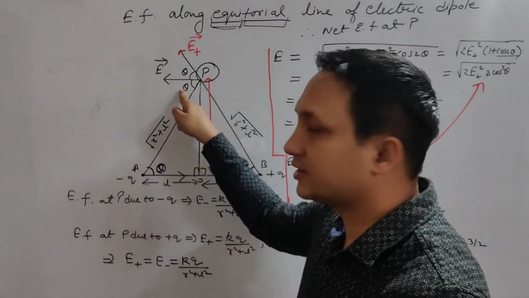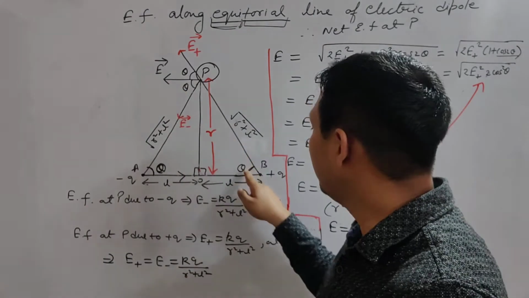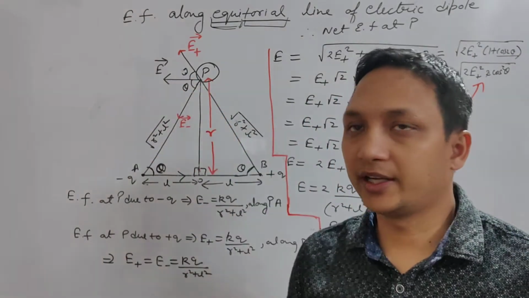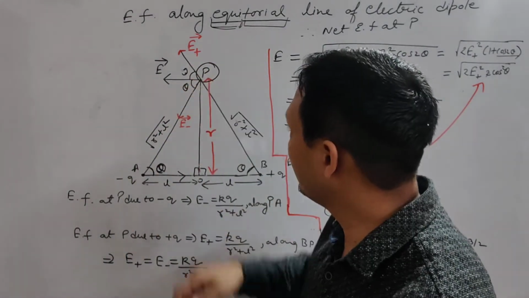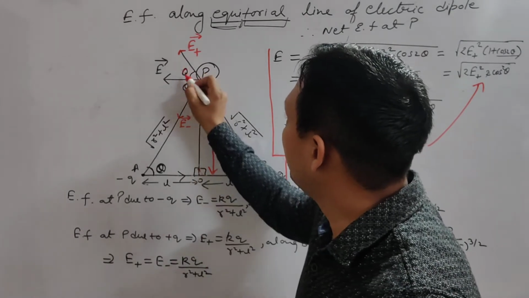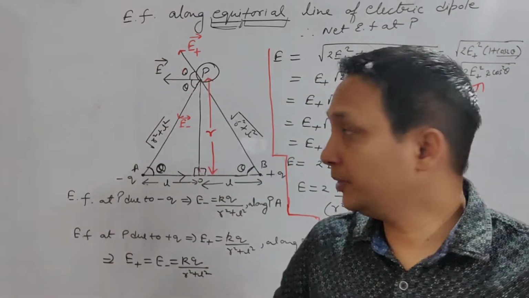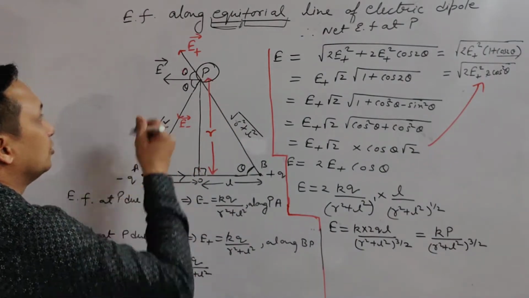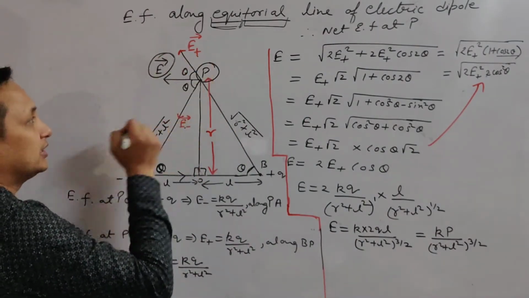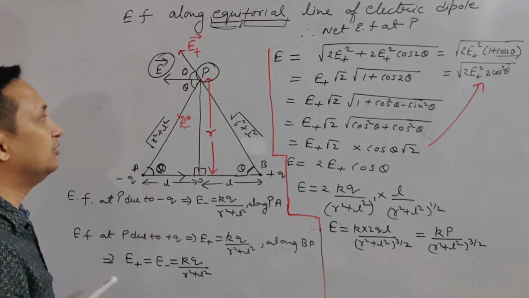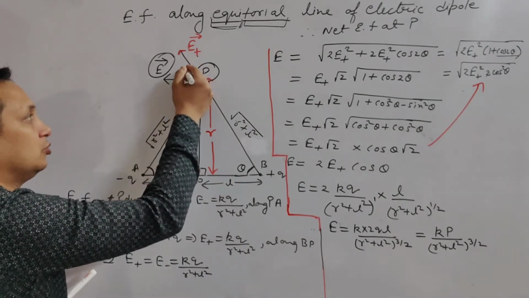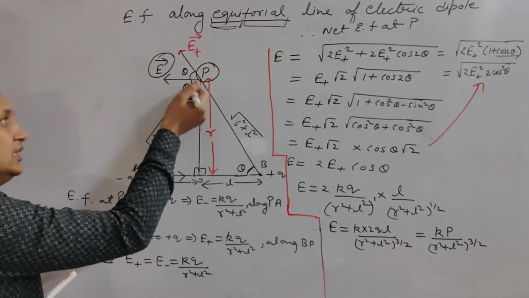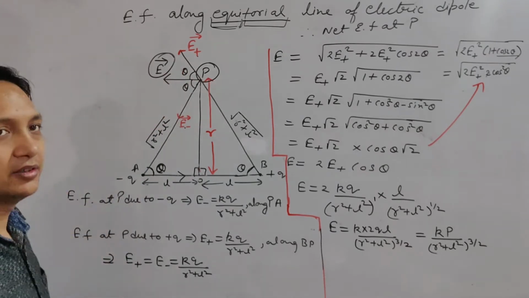If this is theta, alternate angle is this theta, corresponding angle. So the total angle is 2 theta, theta plus theta. E plus is here, E minus is here. So the resultant vector E will be bisecting the total angle 2 theta between them. That means the E vector will be this side.